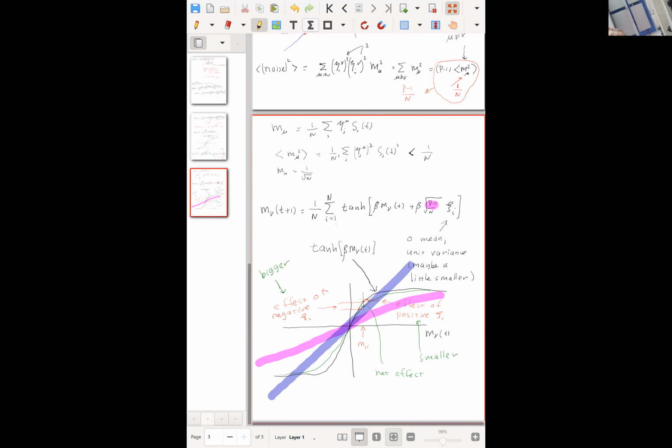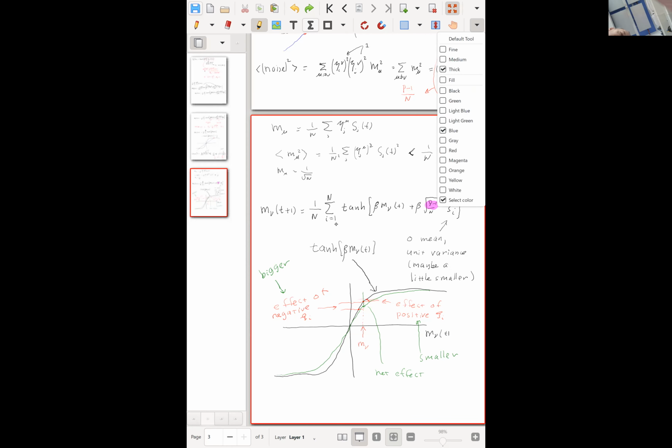This is our M nu curve. Now there's only a single fixed point at 0, and that's all you can do. So if you had too much noise, these gain curves get smoothed out too much, and you lose your memory. And that's really what happens. That's why these networks have finite capacity, because the noise smooths out the gain function. That's a super critical point.